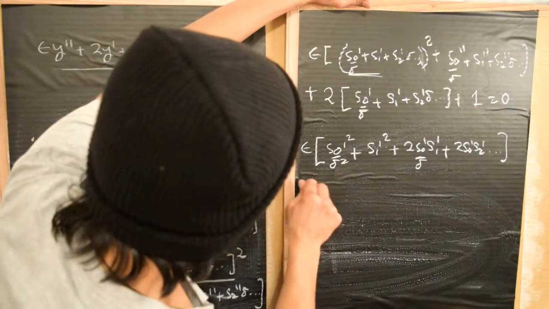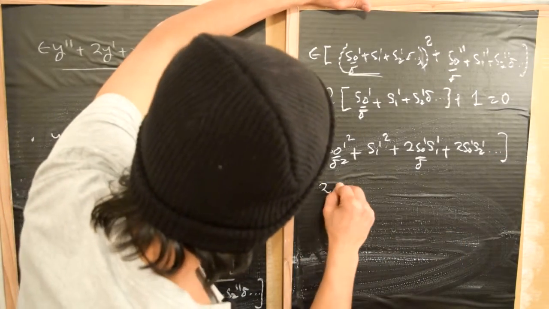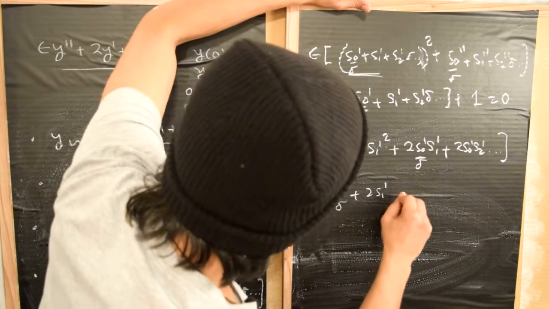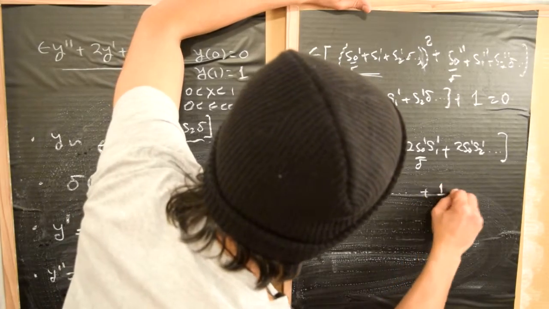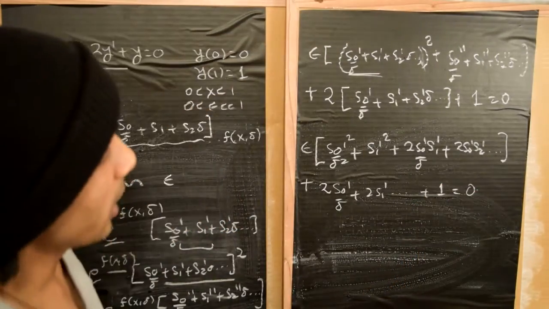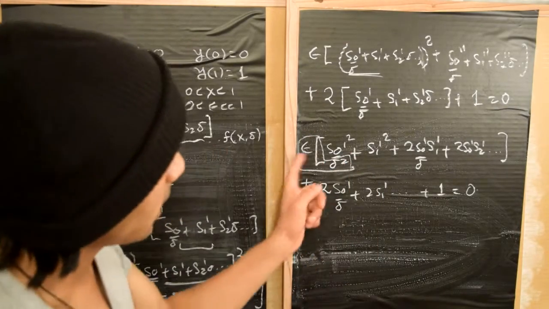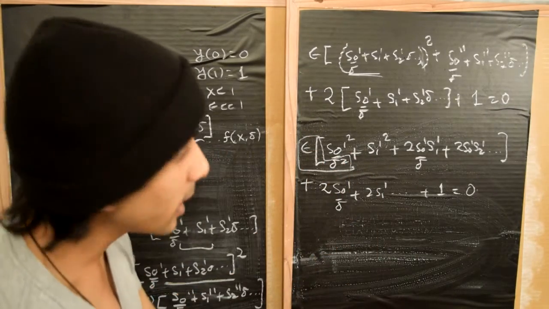Okay, plus we have 2 s naught prime delta plus 2 s1 prime plus 1 equals 0. Okay, so now if you look at this term, it has a factor epsilon divided by delta square.